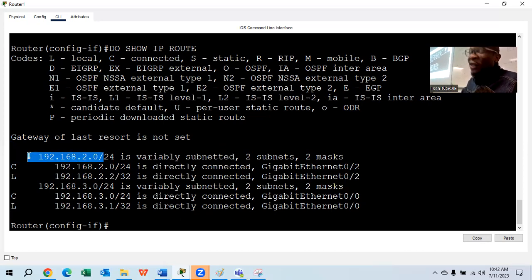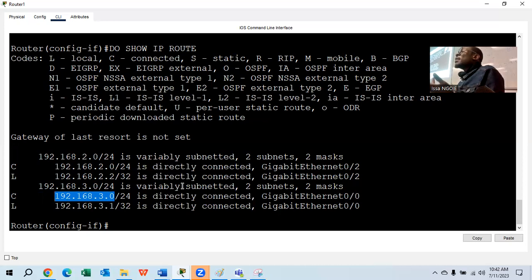There is 2.0, there is 3.0, right? So it's so easy to learn the output from show IP routes, and make sure for the exam, you know. I'm telling you, for every line when you configure something, you must check the database, because we are learning something new, right?